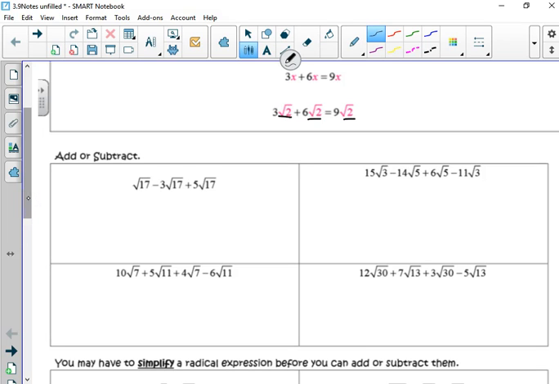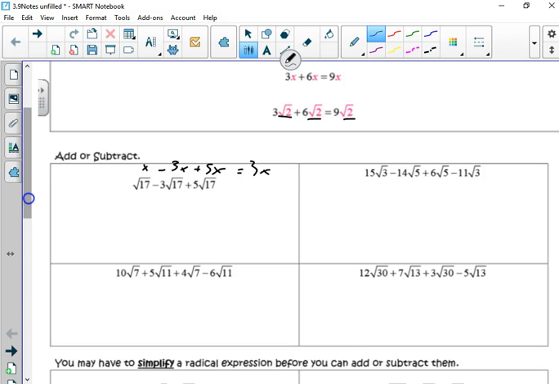So, if we just think of this as x minus 3x plus 5x. We're not going to do this on every one, but if you just think about that, 5x plus x is 6x. 6x minus 3x is 3x.